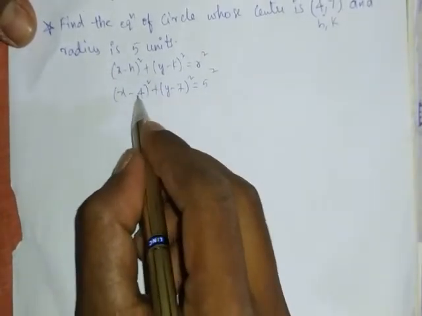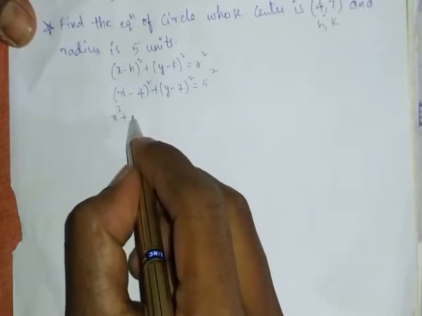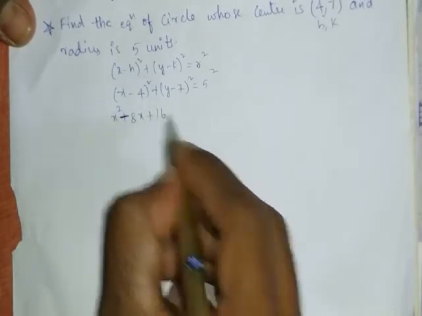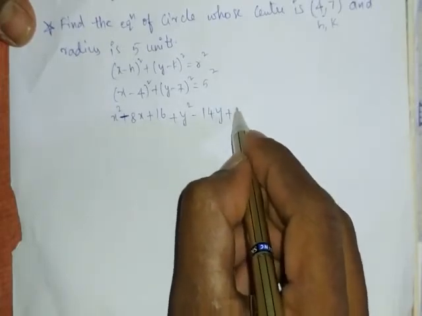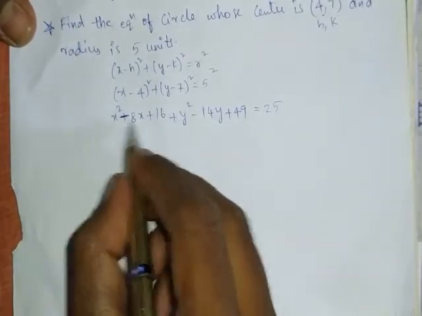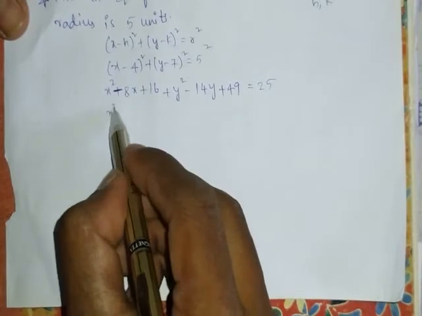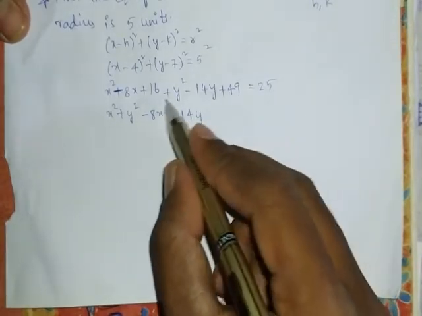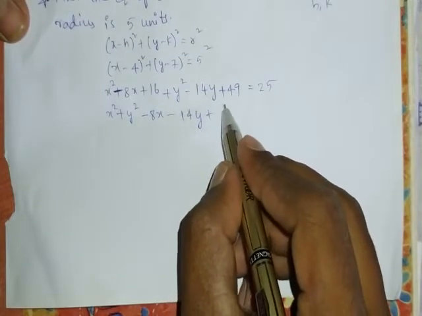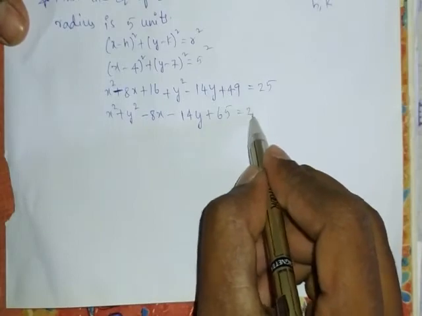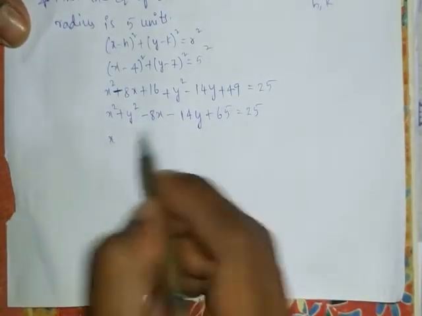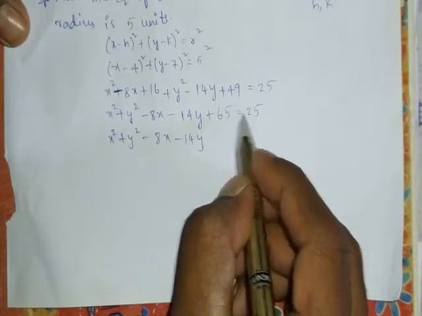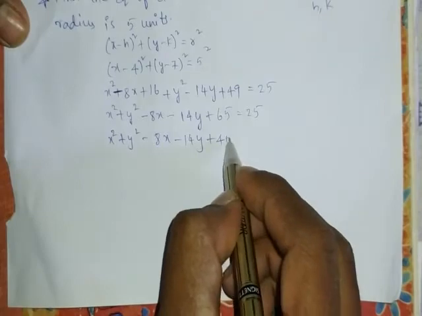We can expand using the (a minus b) whole square formula: x square minus 8x plus 16 plus y square minus 14y plus 49 equals 25. Setting these in order: x square plus y square minus 8x minus 14y plus 16 plus 49, which is plus 65, equals 25. Moving the 25 across, 65 minus 25 is 40. We get x square plus y square minus 8x minus 14y plus 40 equals 0.